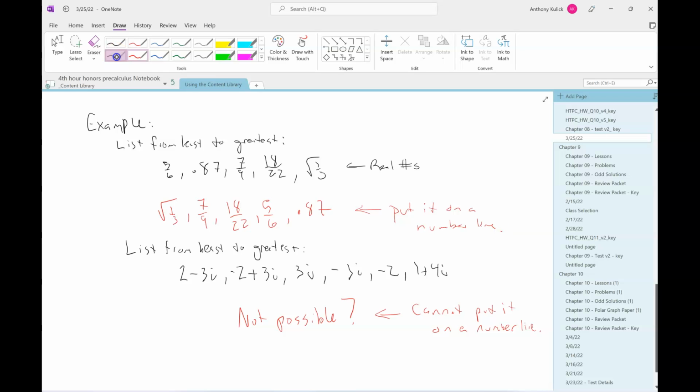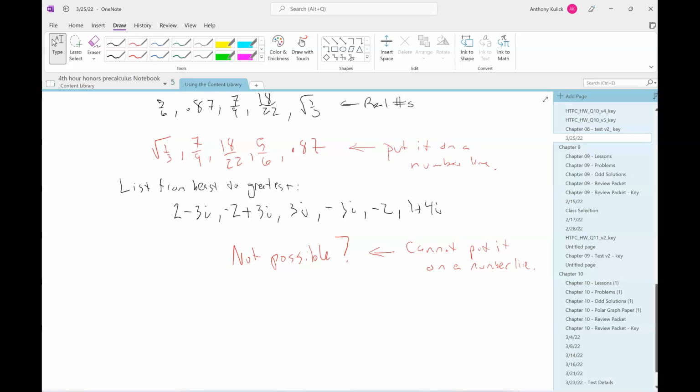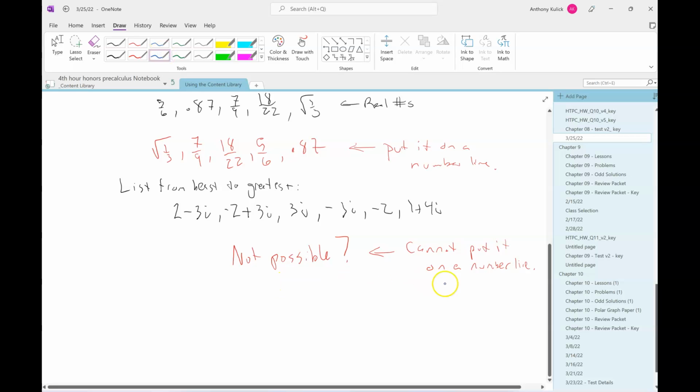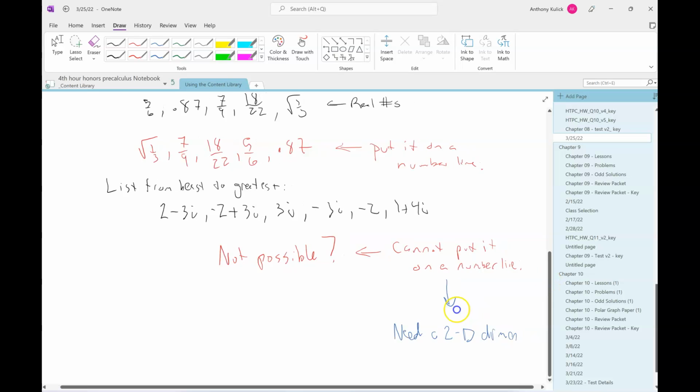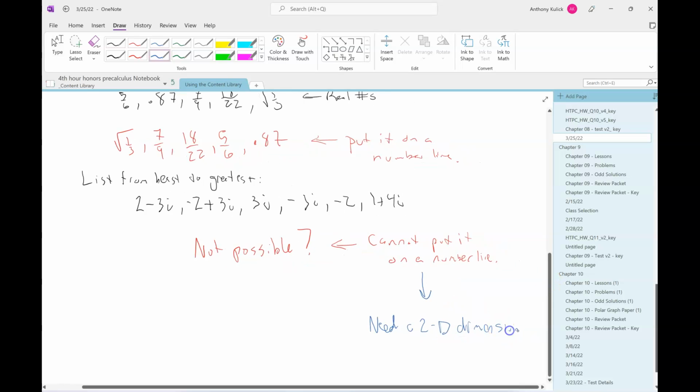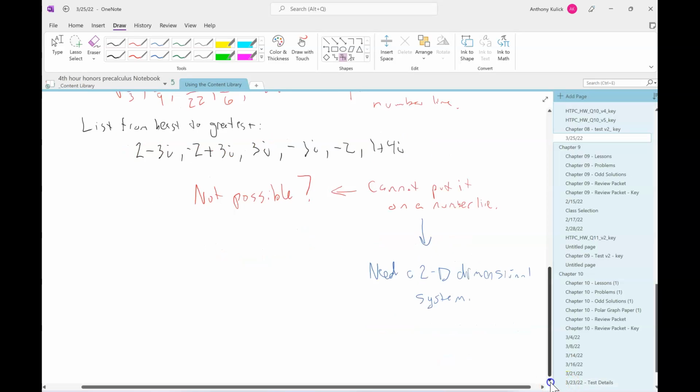So what are we going to do with these then? We need to use a two-dimensional system to plot them, i.e., what we'll call the complex plane.